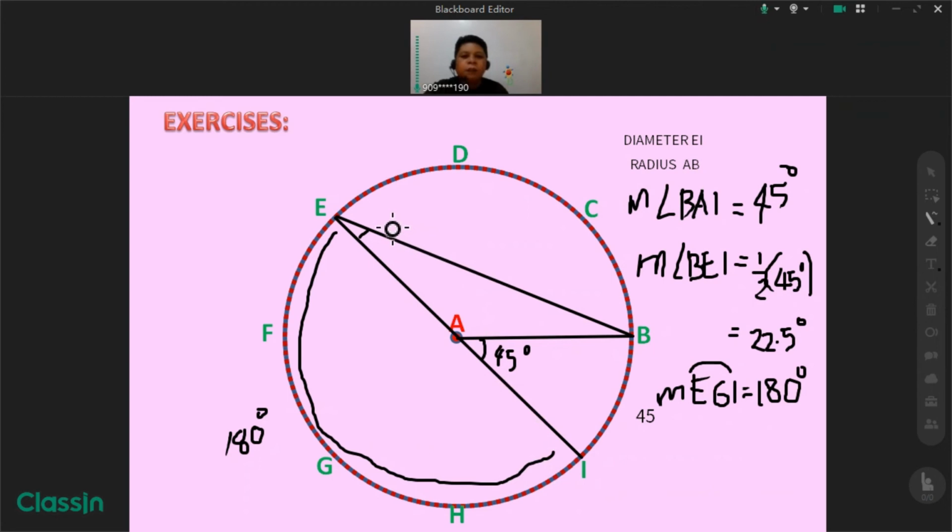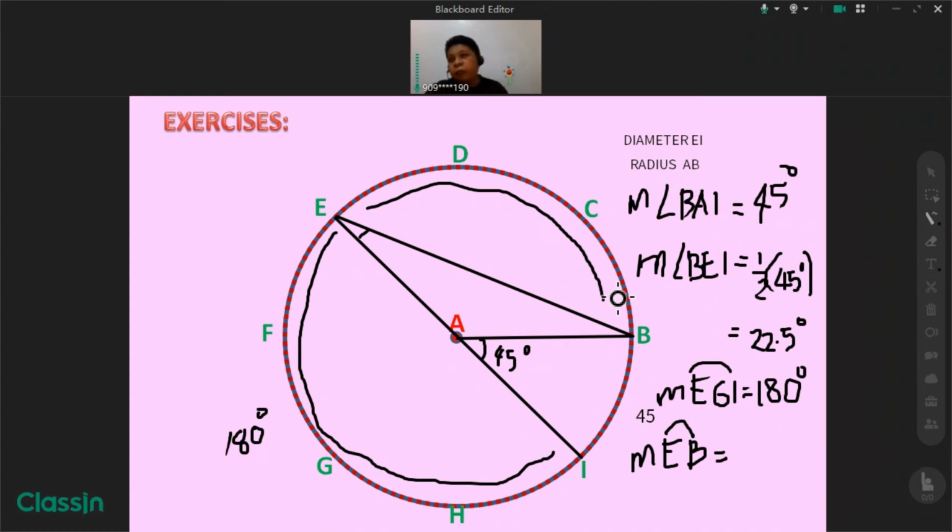And what is now the measure of this arc EB? Since one revolution of a circle is 360 degrees, and this half is already 180, with this part 45, what is the remaining measure of this arc?